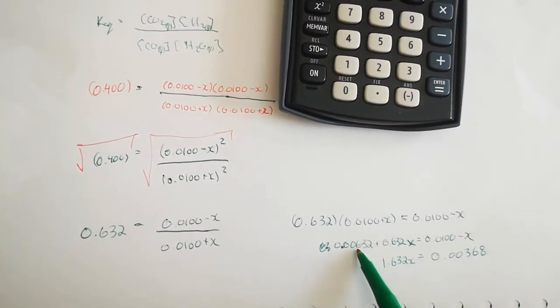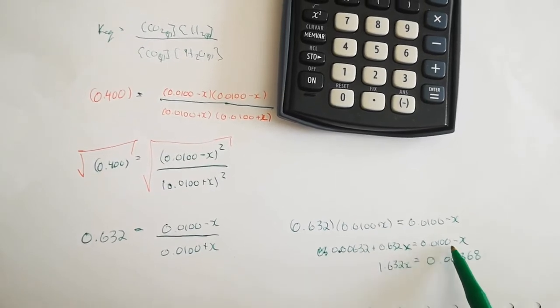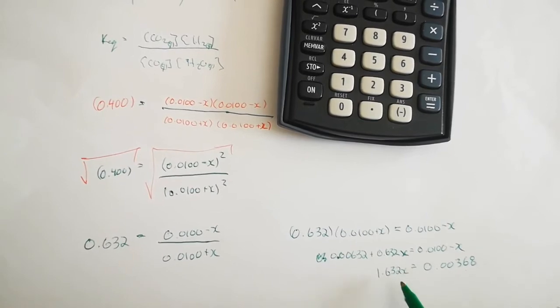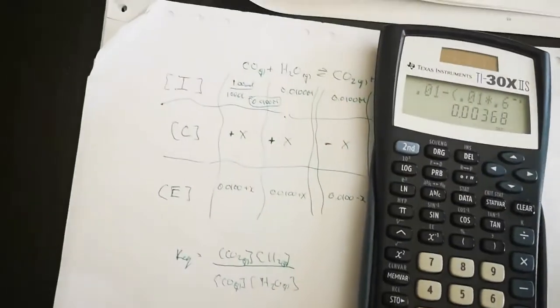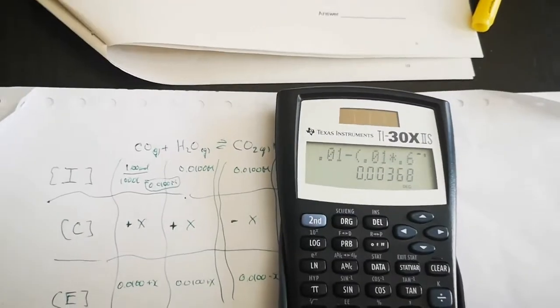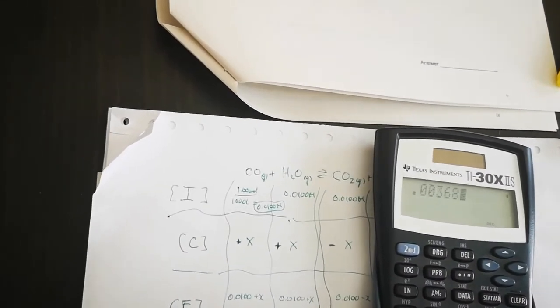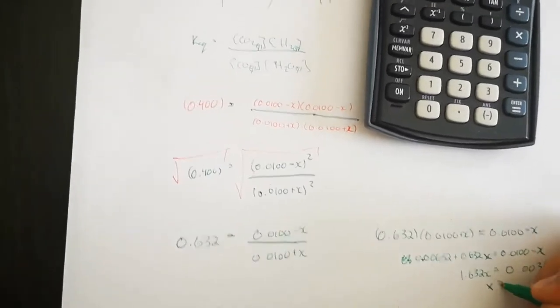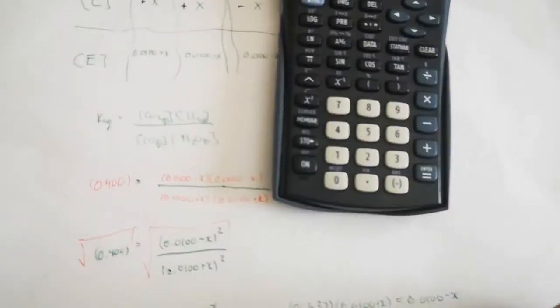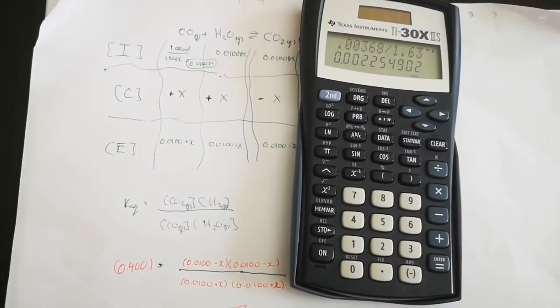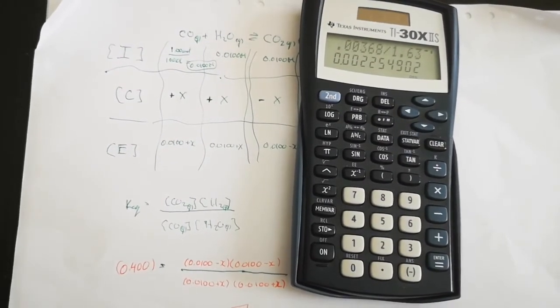So we subtracted 0.00632 from both sides, added X to both sides, and combined those terms. We'll divide both sides by 1.632. X equals 0.00225.